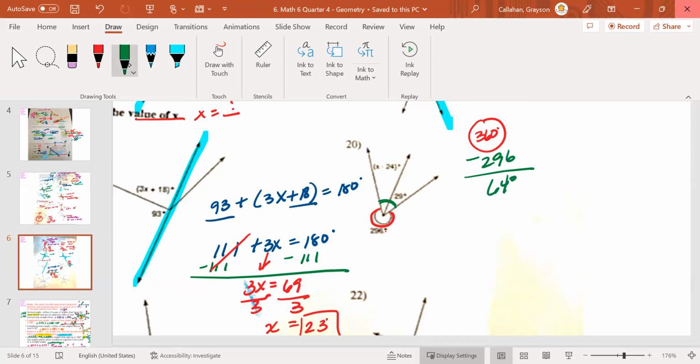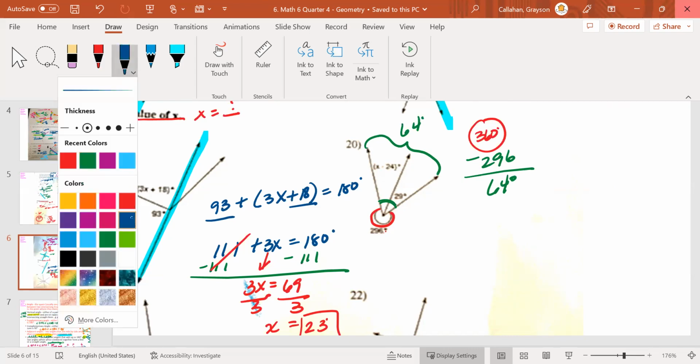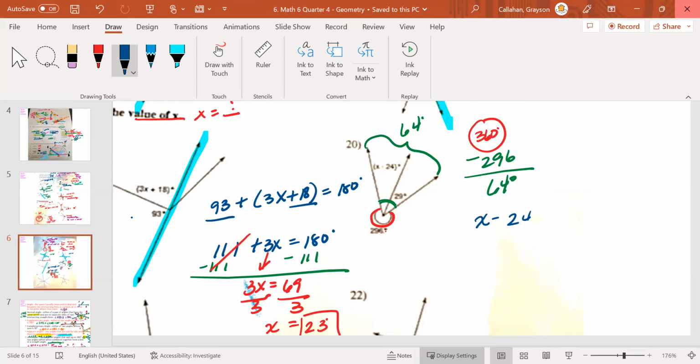Okay, so this piece right here, the whole thing, both of these angles, is 64 degrees. So let's go ahead and add them. X, I think that's a minus 24 plus 29 equals 64 degrees. Combine your like terms. Negative 24 plus 29 is a 5, equals 64.